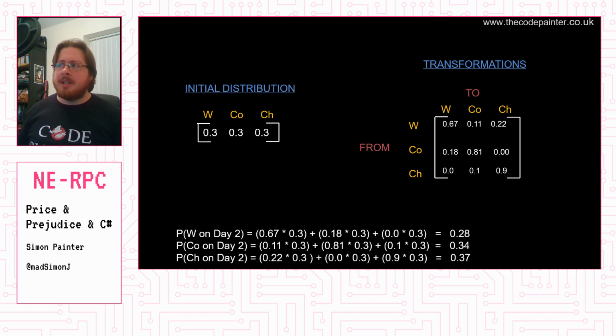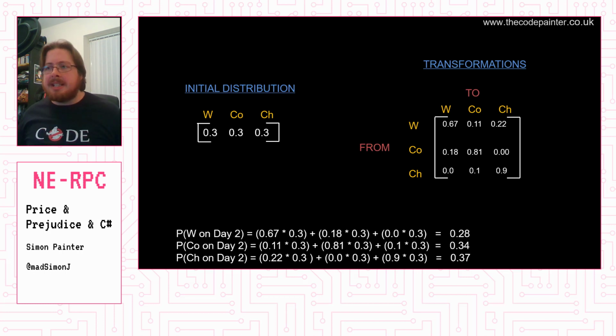And what we get out is this. And if we want to work out what the probabilities are on day three of any given choice, all we have to do is replace the initial distribution with the new ones that we've just worked out for day two, pump it through the same matrix multiplication, and then we get out our day three probabilities. And then for day four, and so on and so on.